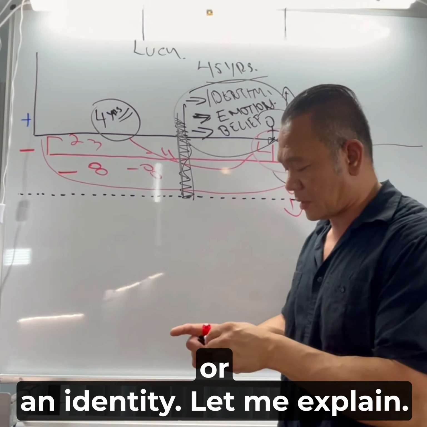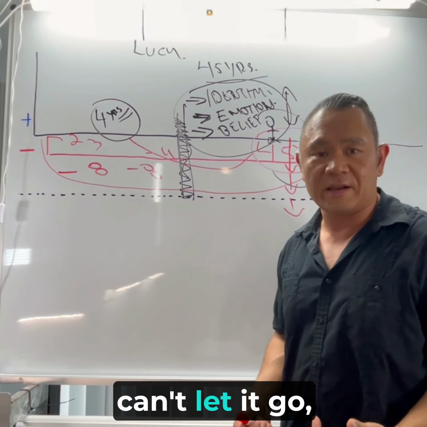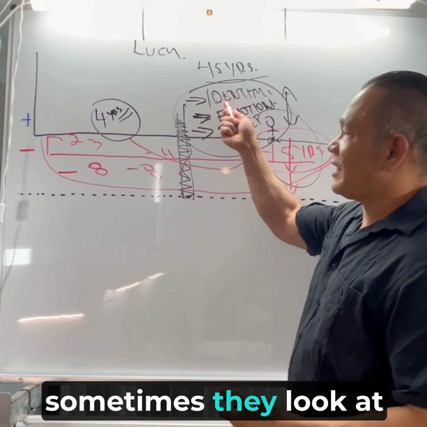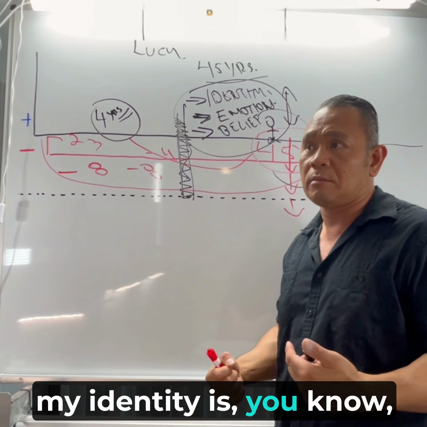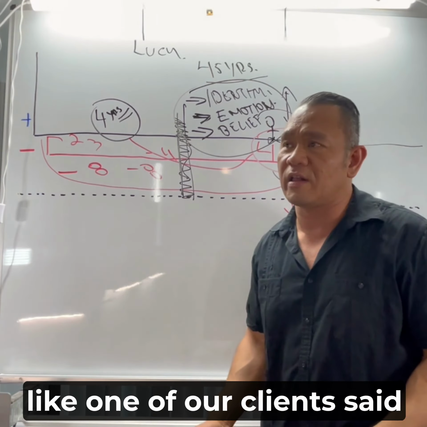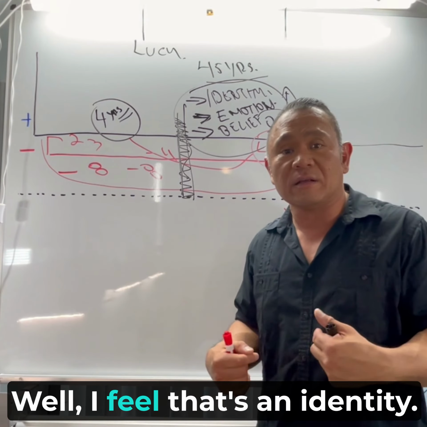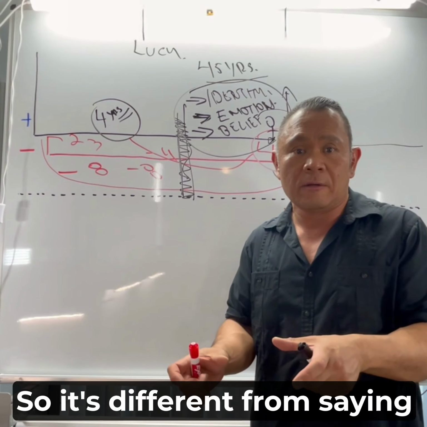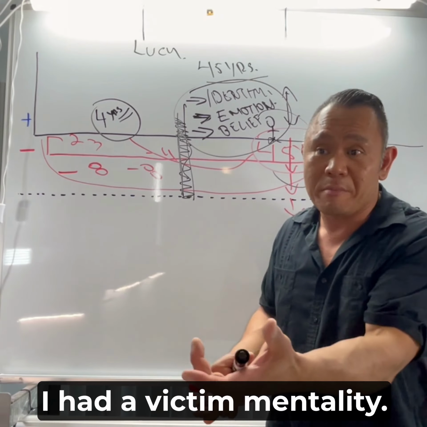Let me explain. Sometimes when people go through major trauma and they can't let it go, sometimes they look at themselves and they say, my identity is, like one of our clients said before, I feel like a victim. Well, that's an identity. So it's different from saying that I had a victim moment or I had a victim mentality.